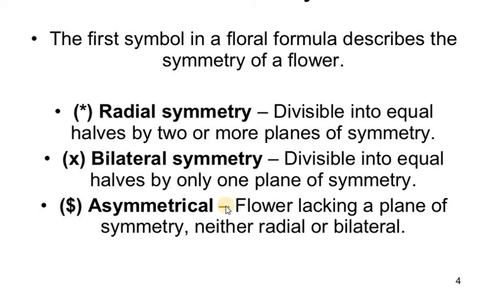Bilateral symmetry means a flower can be divided into 2 halves through only one plane. The third form is asymmetry, which cannot be divided. Radial symmetry is represented with an asterisk, bilateral symmetry with an X, and the psi symbol indicates the asymmetric condition.